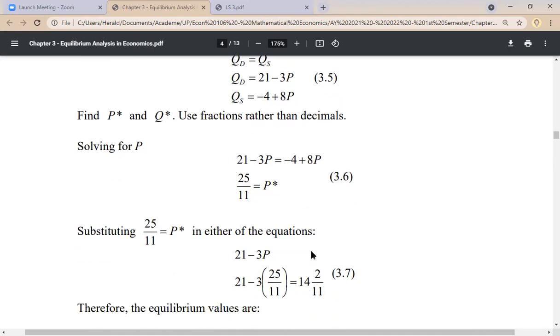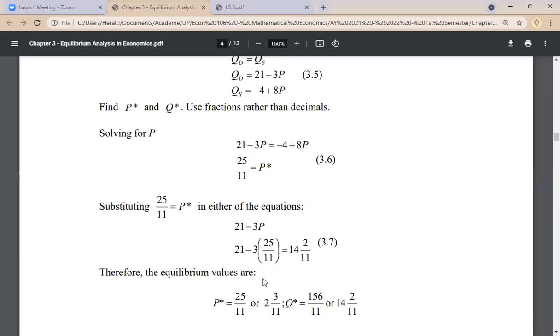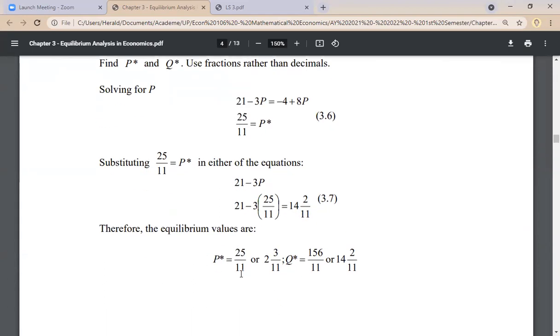The only thing we might come across in obtaining a solution value is whether we should use decimals or fractions. To be uniform, let's just use fractions.